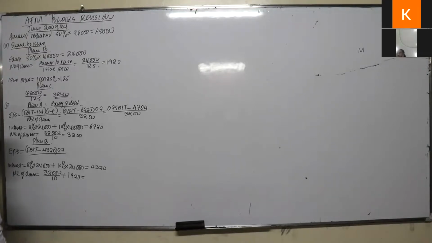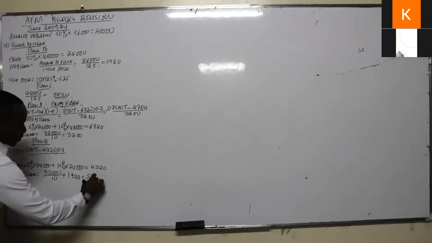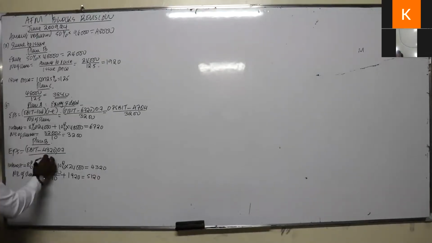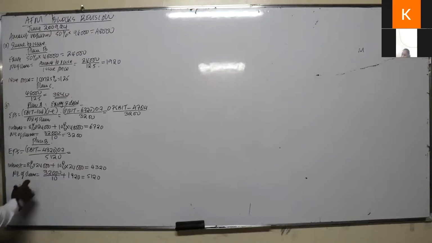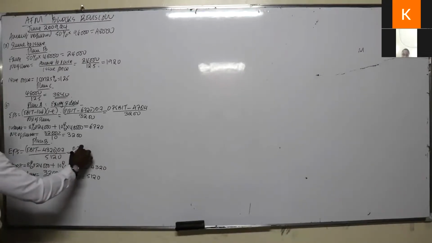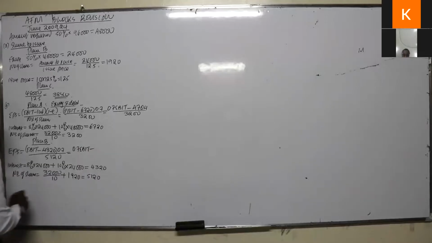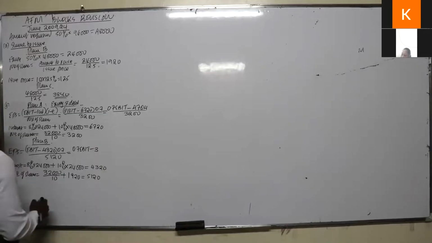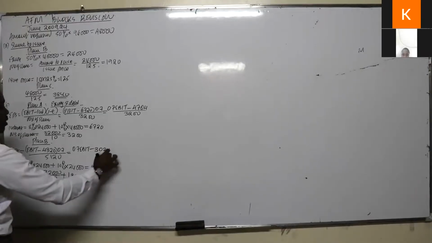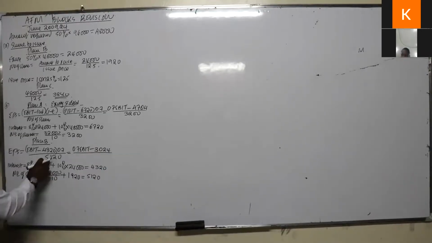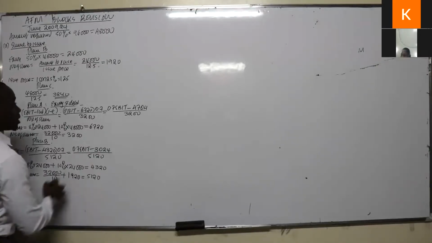You get 51.20. So the number of shares is 51.20. Let's cross, we multiply 0.7 EBIT minus 43.20 times 0.7. 30.24. Divided by the number of shares, which is 51.20.